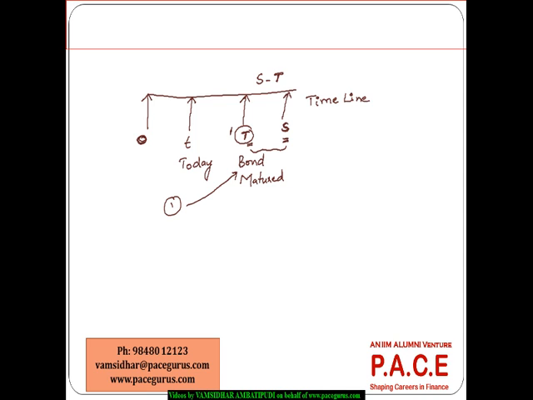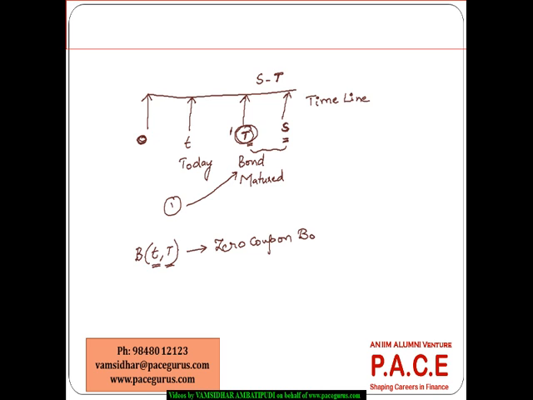Here, a wide variety of terminologies are going to come up to understand the term structure. First of all, the bond which is maturing at time period T, if I want to find the value of it as of today, we represent it as B(t,T). That is, at time t, I want to measure the value of the bond which is going to mature at time T. This bond we call a zero coupon bond.